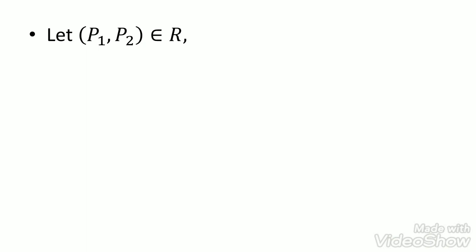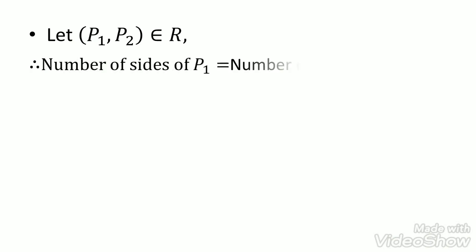Again consider two polygons P1 and P2 such that they relate, meaning (P1, P2) belongs to R. It may be a triangle, it may be a quadrilateral or any polygon. I mean to say that if P1 is a triangle then P2 has to be a triangle. Therefore the number of sides of P1 is equal to the number of sides of P2 because P1 relates to P2.